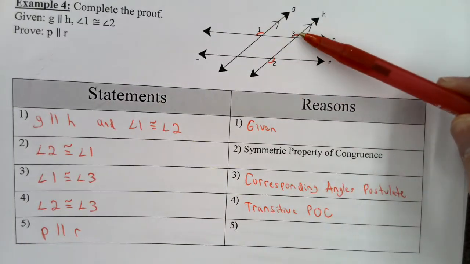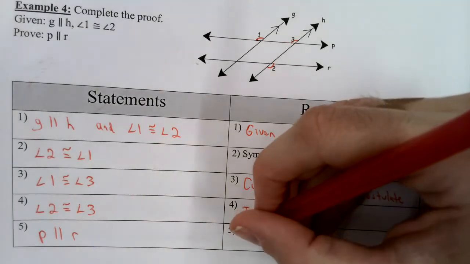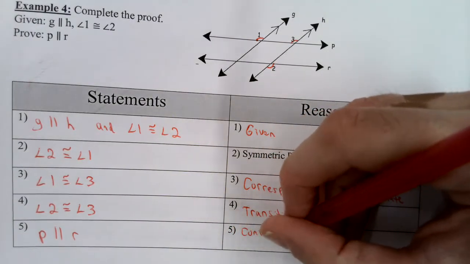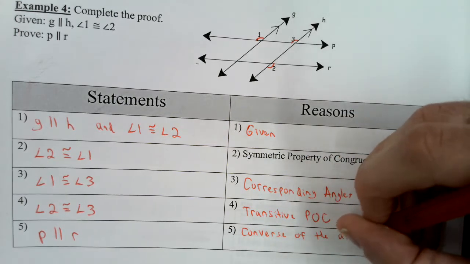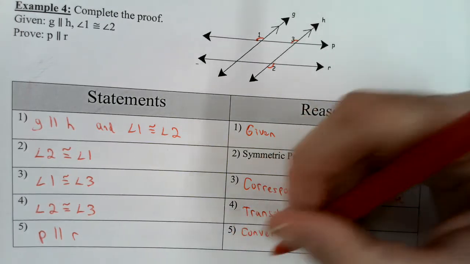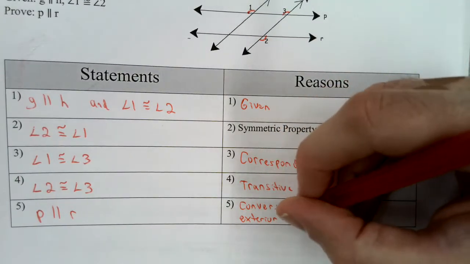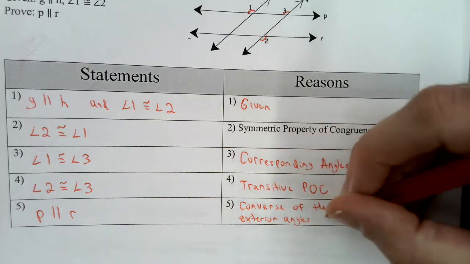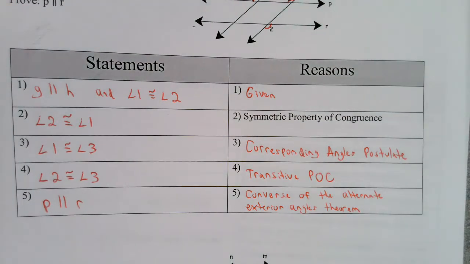We have the alternate exterior angles congruent, so we can say the lines are parallel. So converse of the alternate exterior angles theorem.